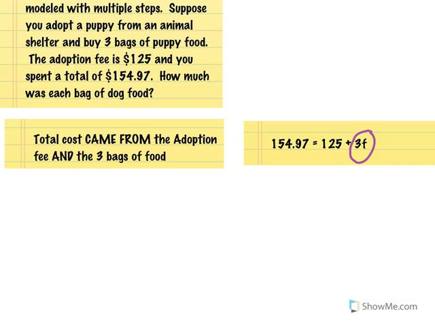When we're getting a variable alone, we're going in reverse, in the opposite direction. So instead of dividing first, I'm going to do the reverse of this addition part first. The reverse of adding 125, I'm going to subtract 125 from both sides of my equation.